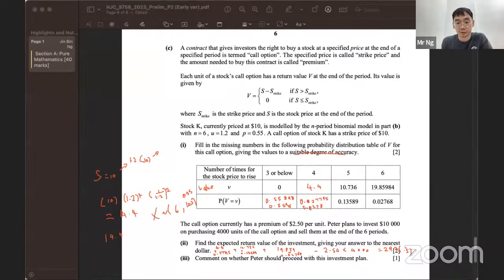I think there's a 1 here. This one is more than your investment, so you make more than your investment.